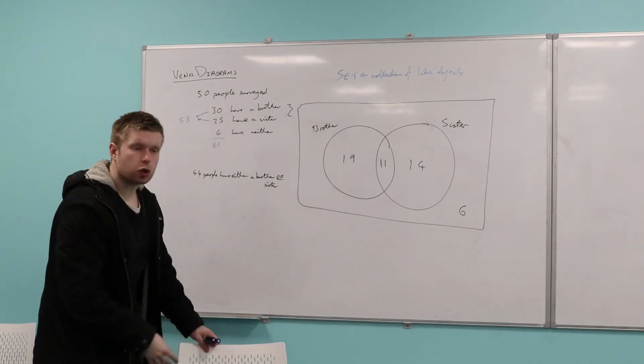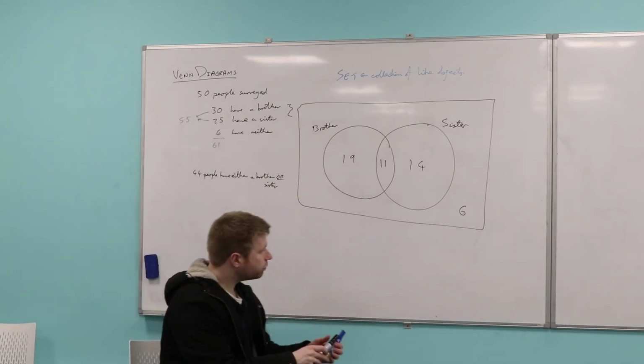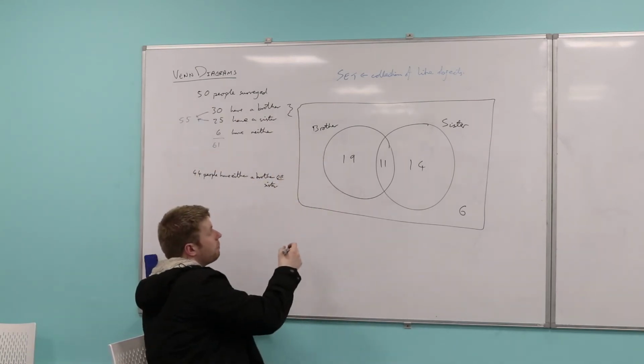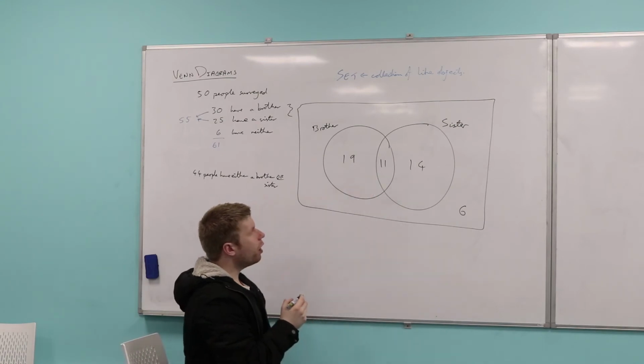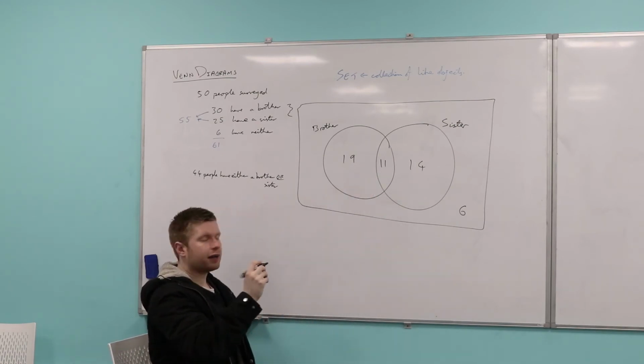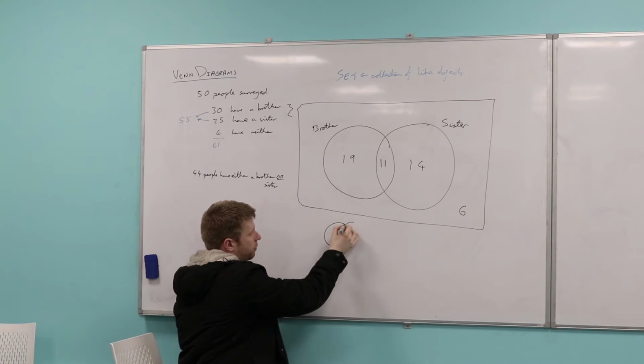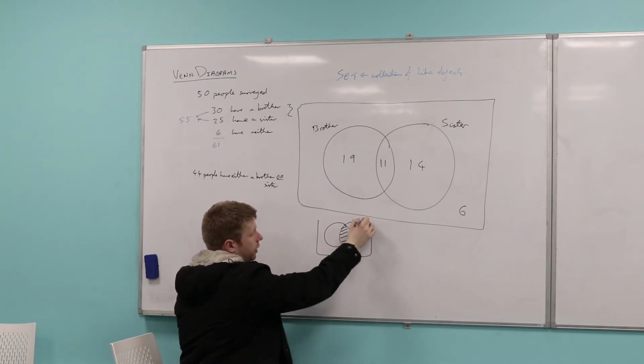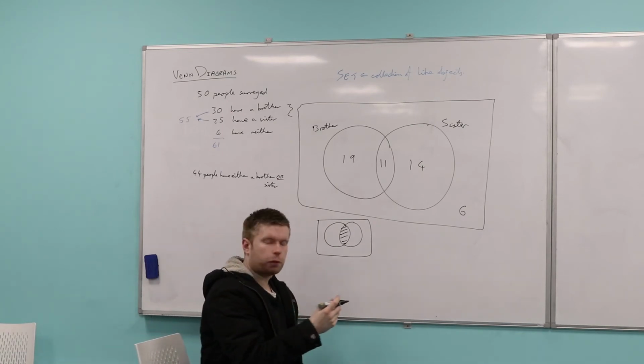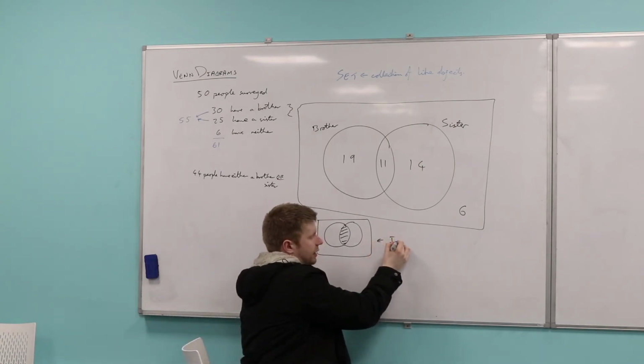So, I can start talking about a bit of language with this now. If I want to talk about the people that have both a brother and a sister, in other words, the people that are standing in the middle here, I would call that group of people the intersect.